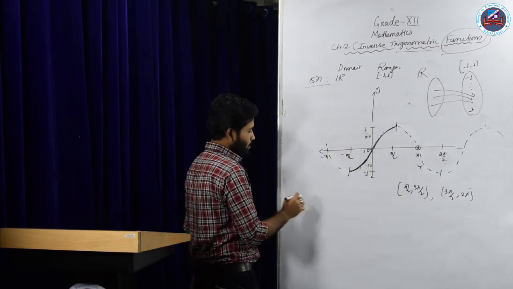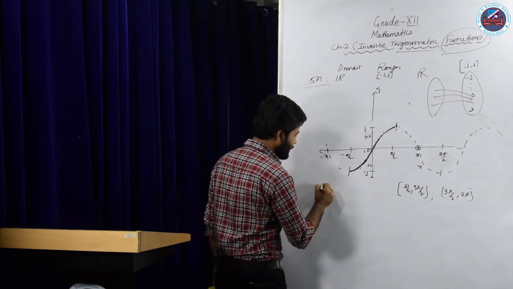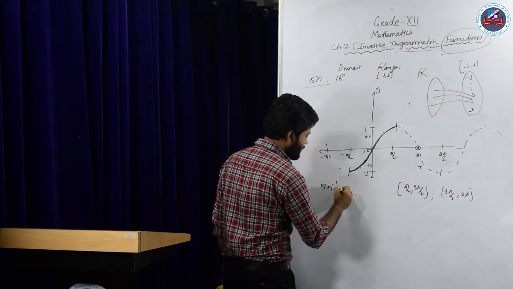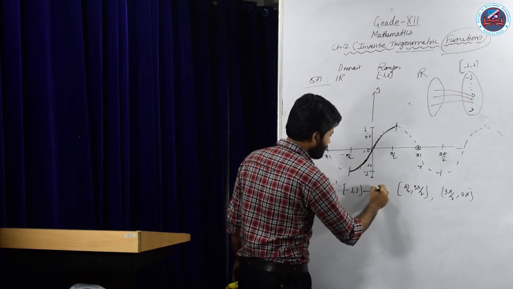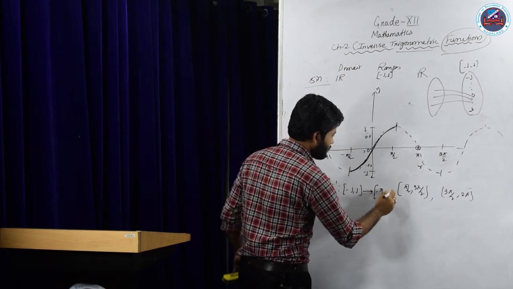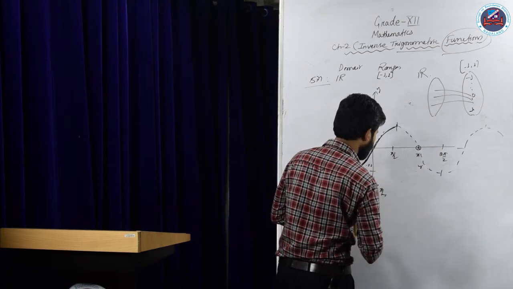Okay, so our sine inverse function is defined on the interval -1 to 1 to minus pi by 2 to pi by 2.